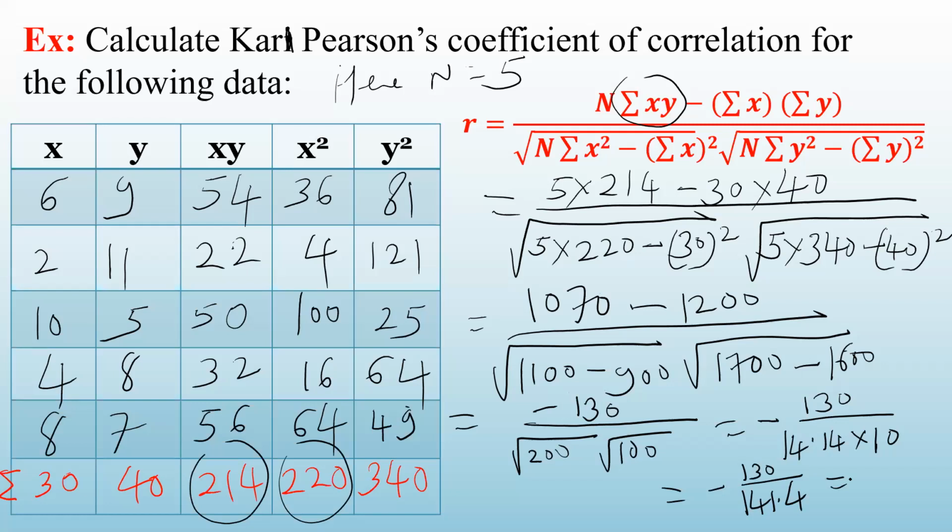So that gives you 0.913. So you can say 0.92. And it is in minus. Correct?